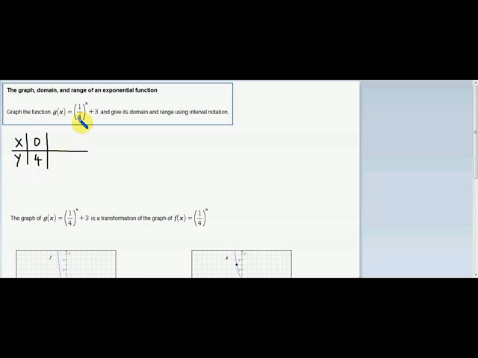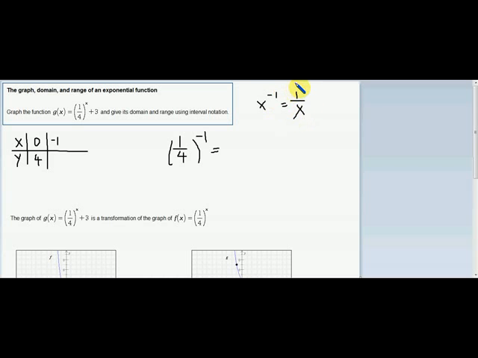The next value I'm going to choose would be -1, and you'll see why. So 1 over 4 to the power of -1. x to the power of -1 is equal to 1 over x.